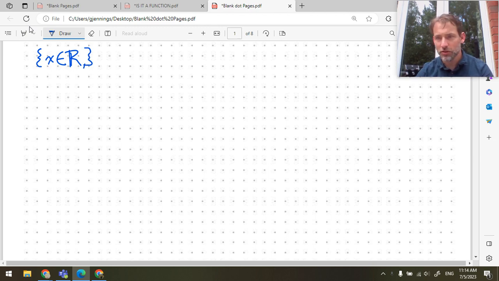Let's say y is also real numbers, but y has some limitations on it. Maybe -5 is less than or equal to y, which is less than or equal to 2. Okay, let's say we were given these two pieces of information and we wanted to sketch such a function.